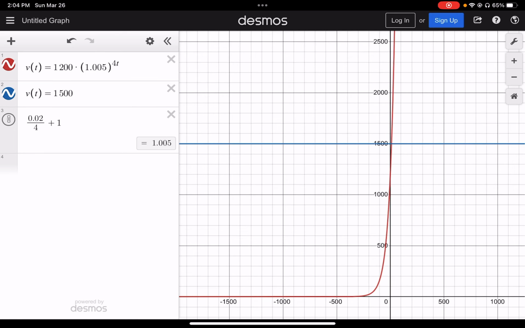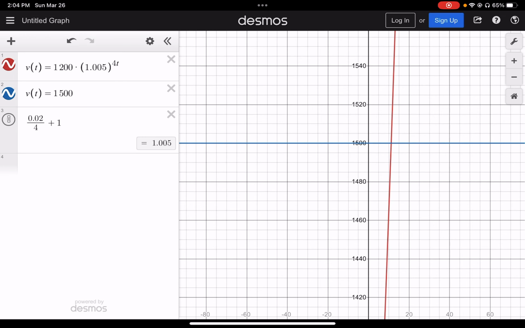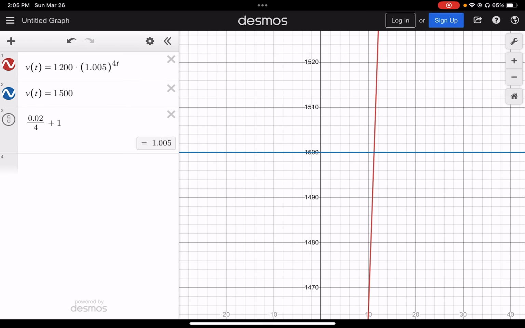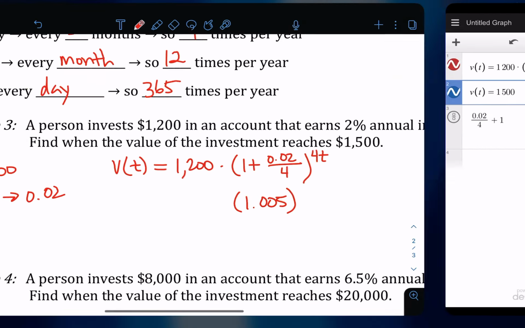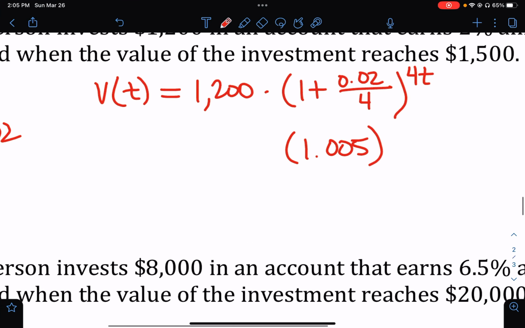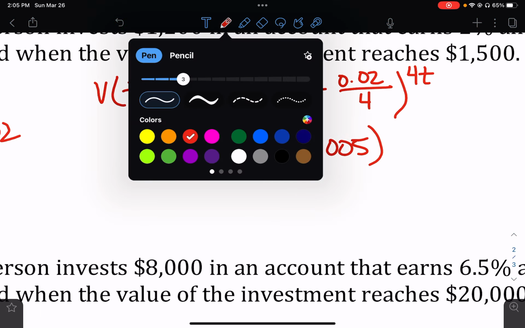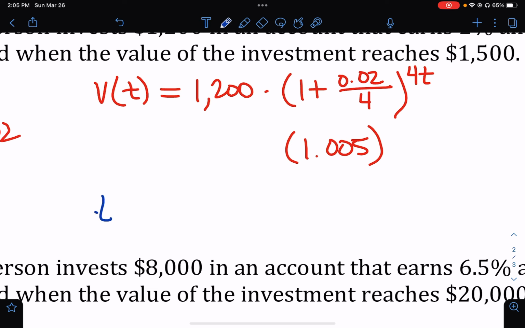So we're going to zoom out, find that 1,500 line, see where they intersect, and it's at 11.185. T equals 11.185.